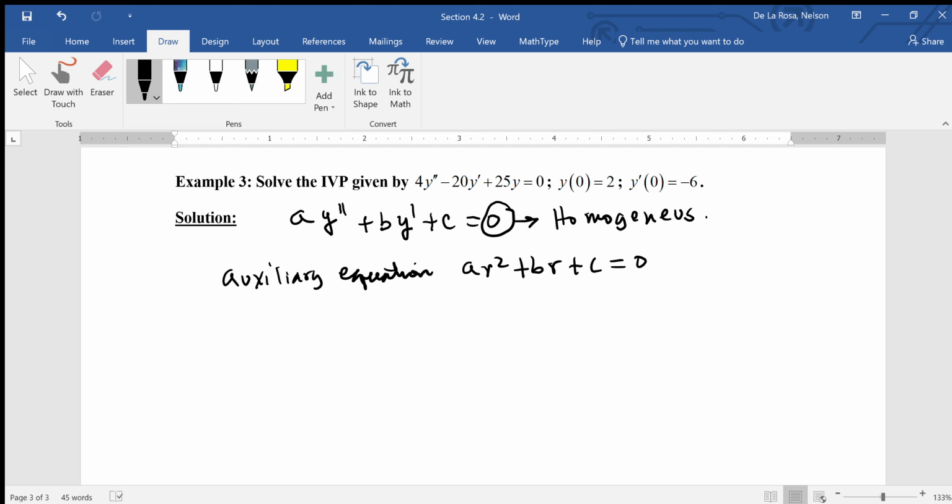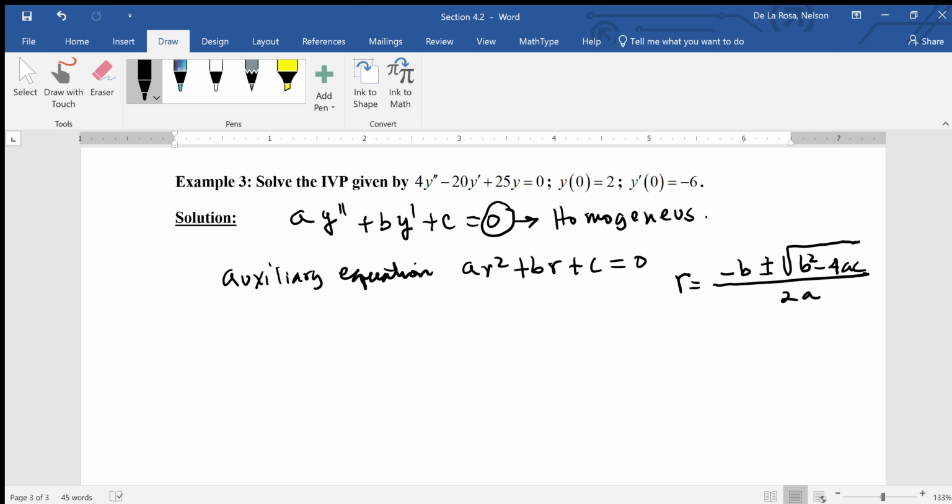And then we know that this is a quadratic equation that can be solved using the quadratic formula, which is r equals negative b plus or minus square root of b squared minus 4ac, divided by 2a.